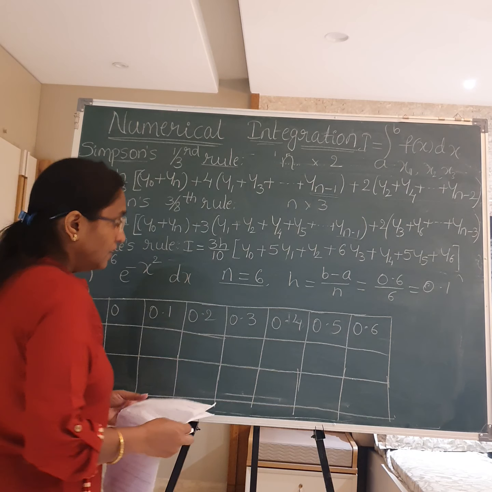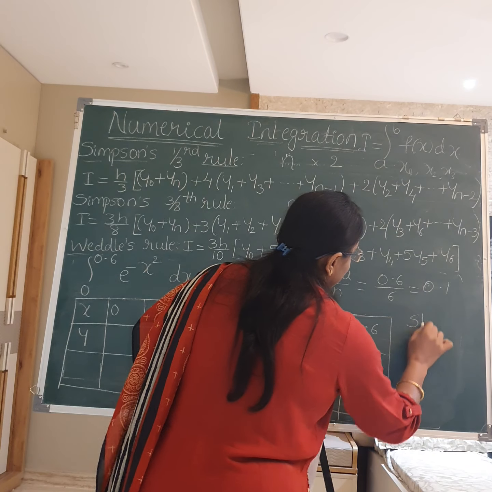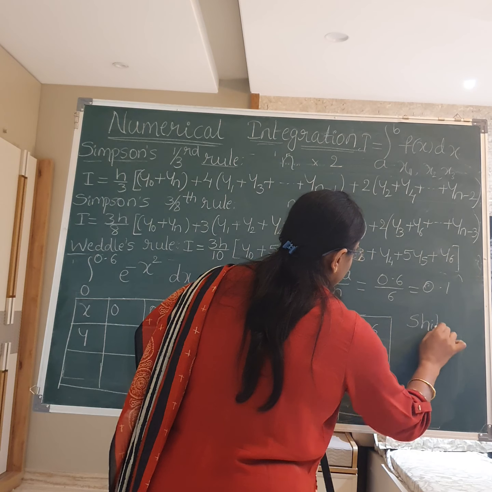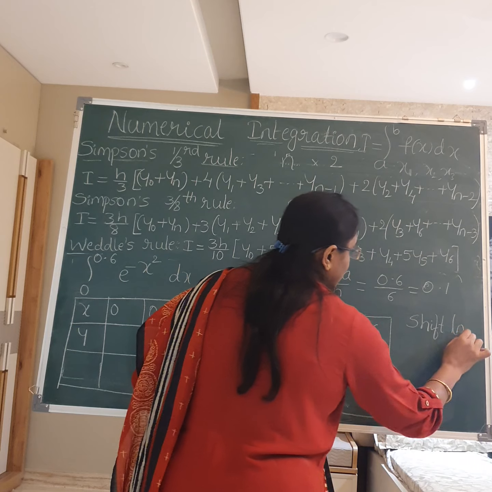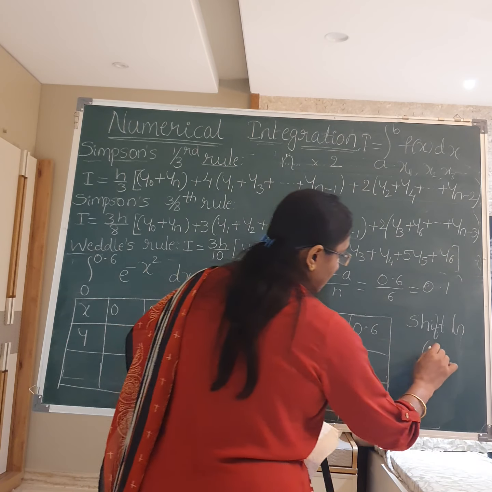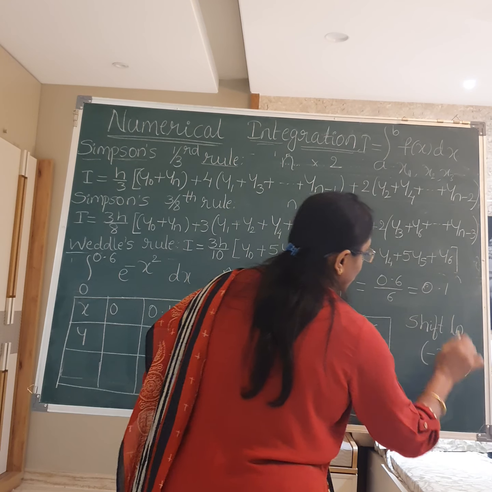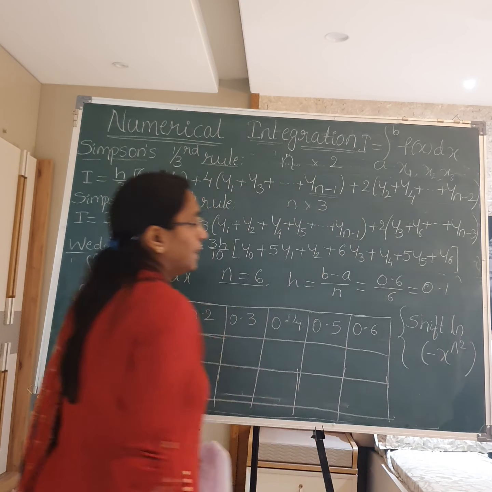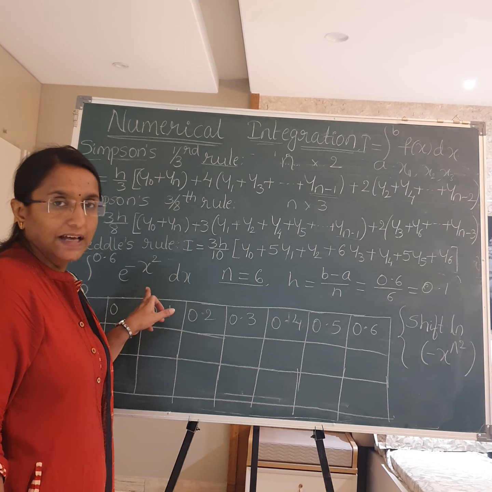Okay. So here to calculate this, just in calc you try this. Shift ln, in bracket minus x square, x to the power 2. Sometimes we find it difficult to work this out with calc also.